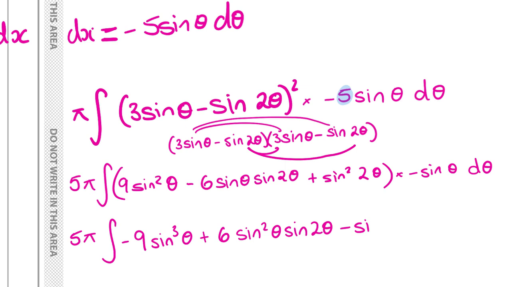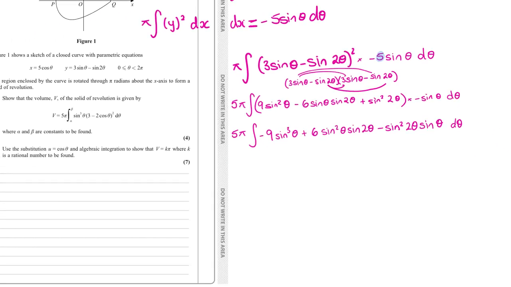Okay? Minus sine squared 2 theta sine theta. Oof, nearly made a mistake then. d theta. Okay. It is, isn't it?